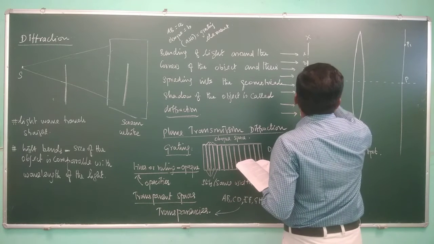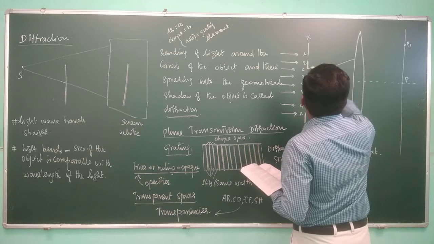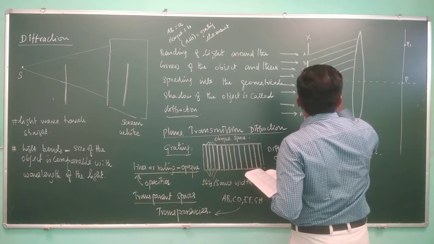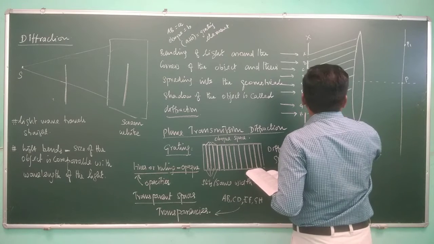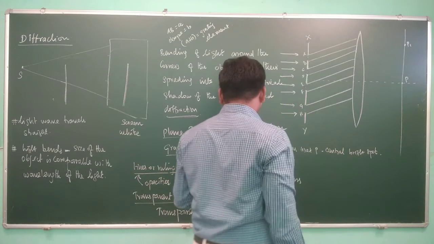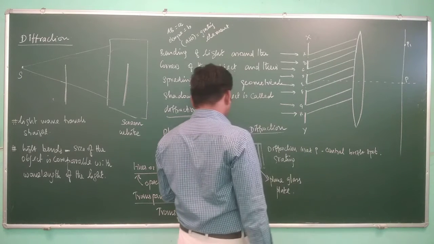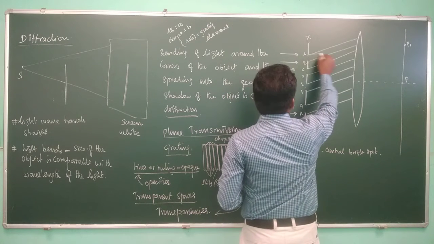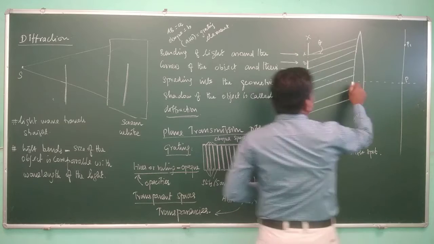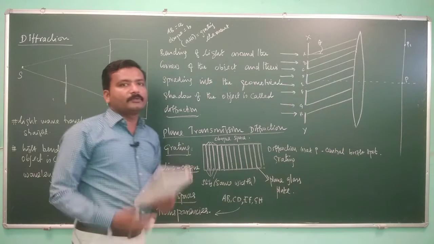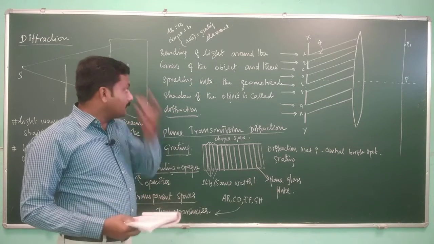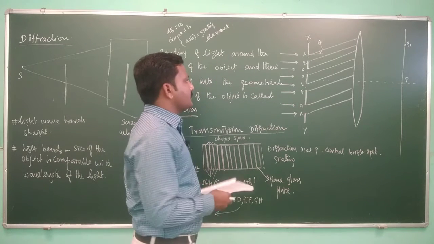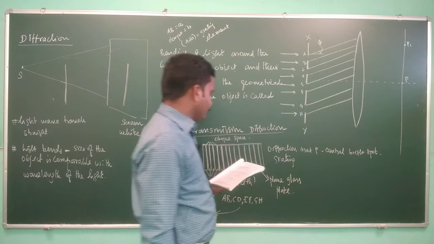Let's assume that the light rays are deviating at an angle theta to the principal axis, that is, at an angle theta to the straight line direction of the light, or at an angle theta to the principal axis of the lens.